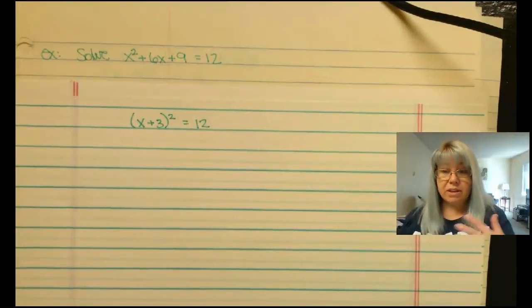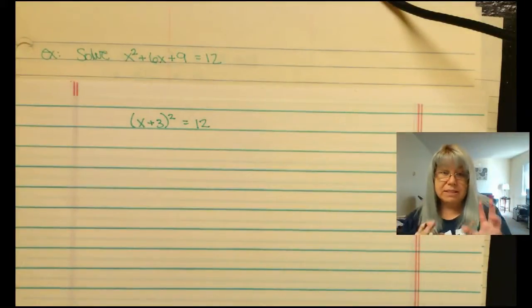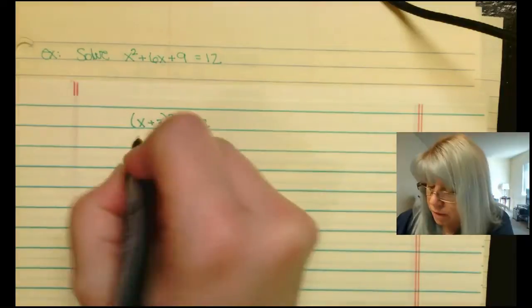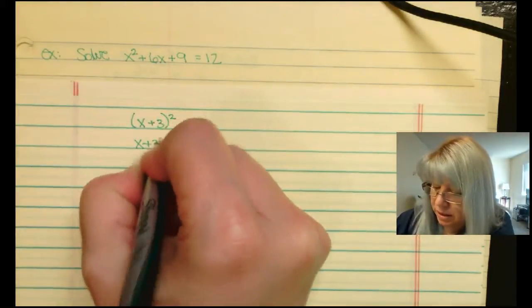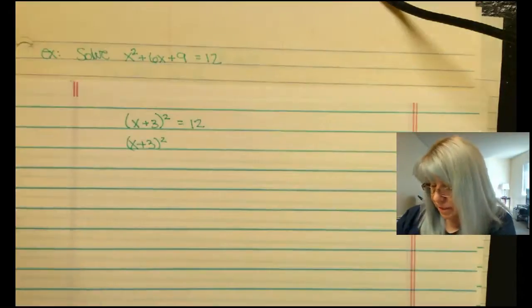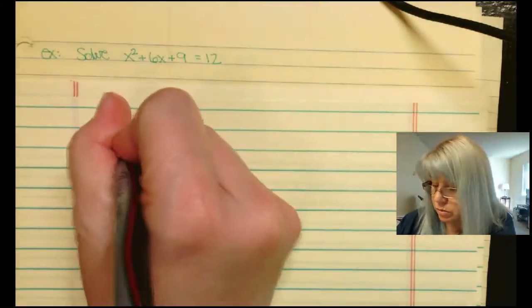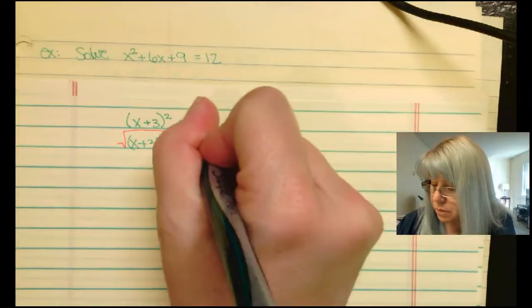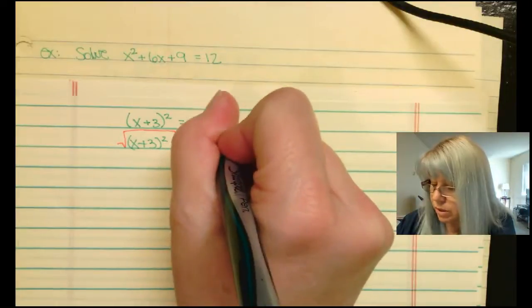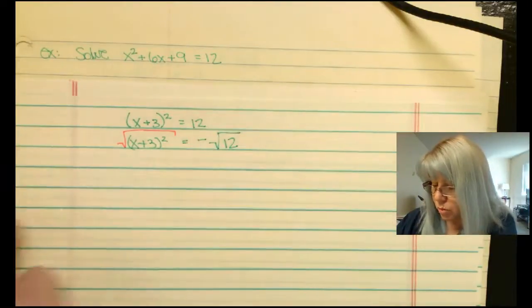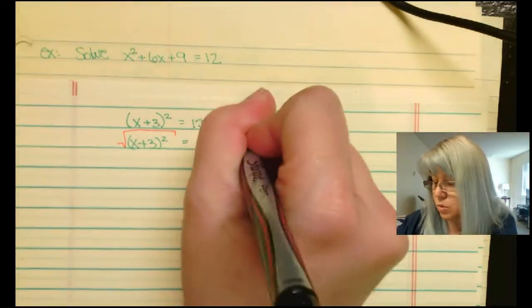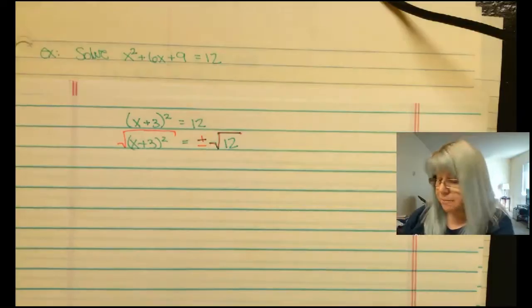And now that I have it in that form, where the left-hand side is something squared, I can take the square root of both sides. So x plus 3 quantity squared, the square root, will equal plus or minus the square root of 12.